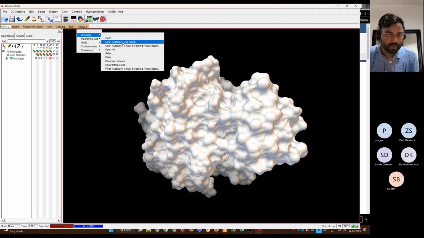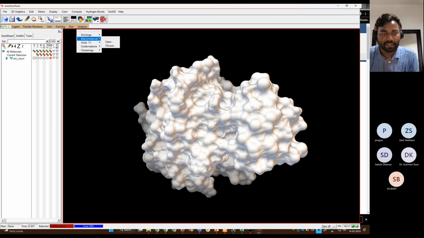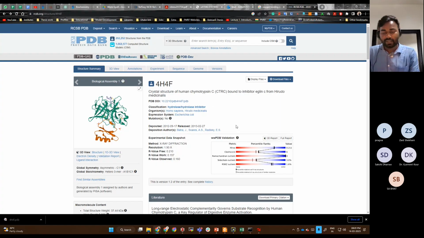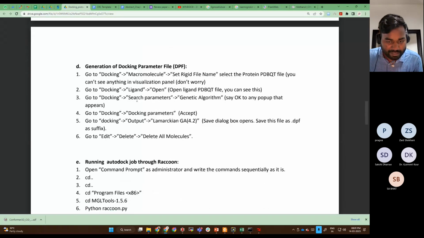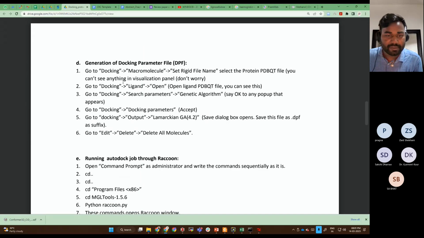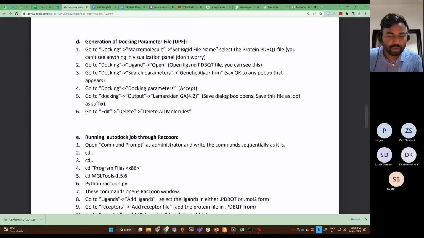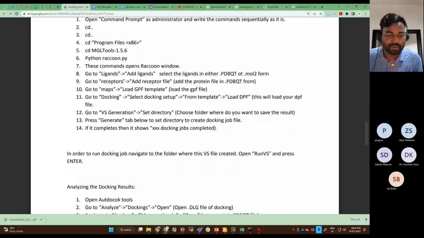Here in docking protocol, open DLG file and then read the macromolecule, which is your protein, and then analyze your results. Okay, so this is what I had to give you a demo about. Then if you read this document, this is a very detailed document, and you will be able to run AutoDock by yourself.